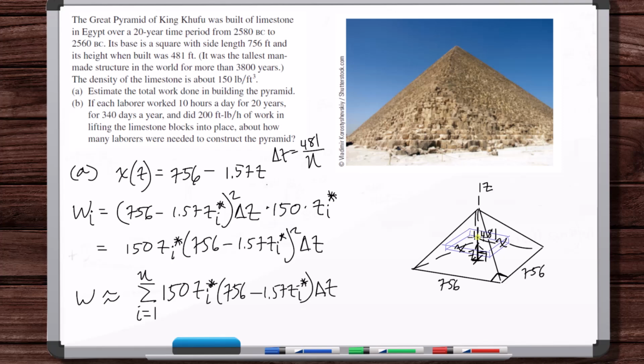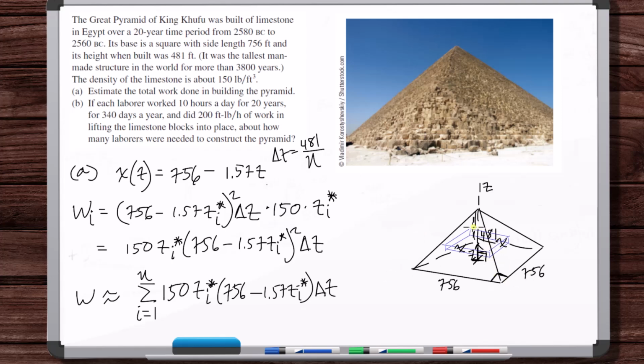You would be assuming that all of the limestone within the square prism was moved up that same distance, based on the midpoint. But if delta z is so big, then you have a large difference in heights of limestone that you're all assuming are being lifted one height. So that's where the error comes in.